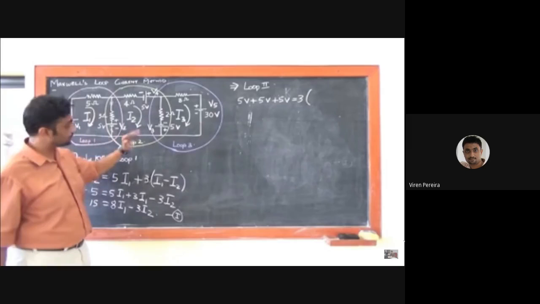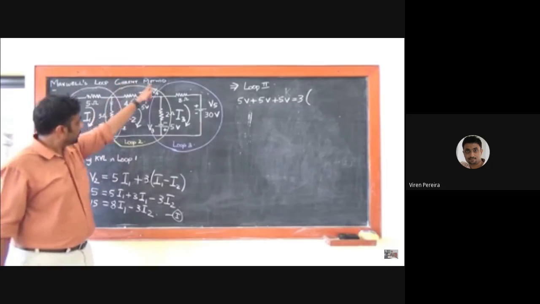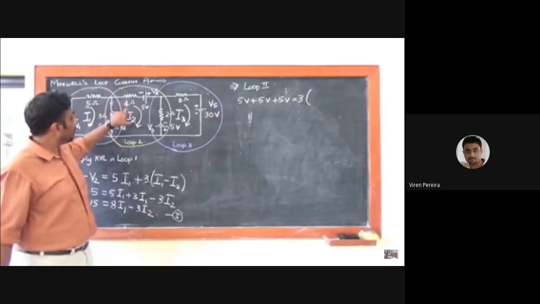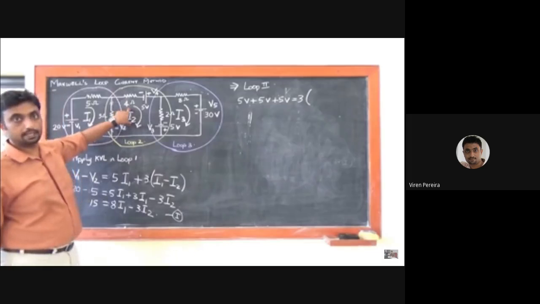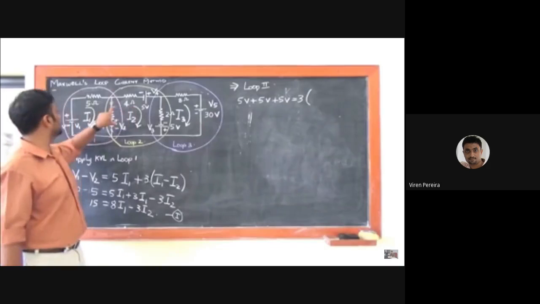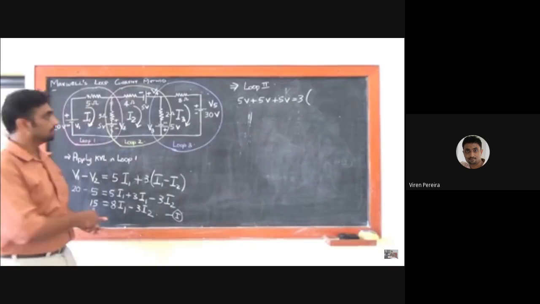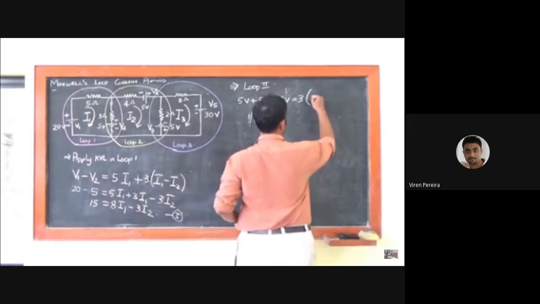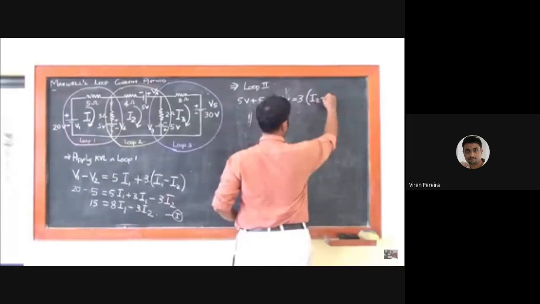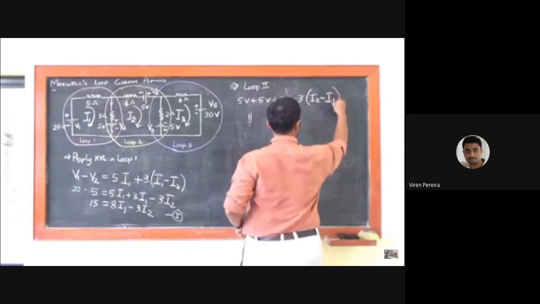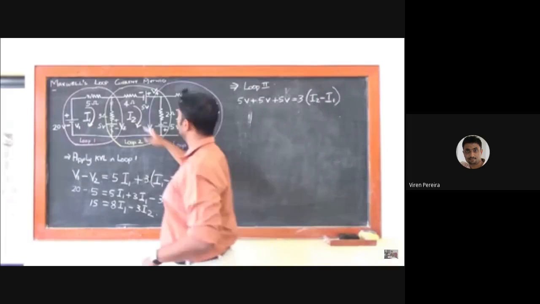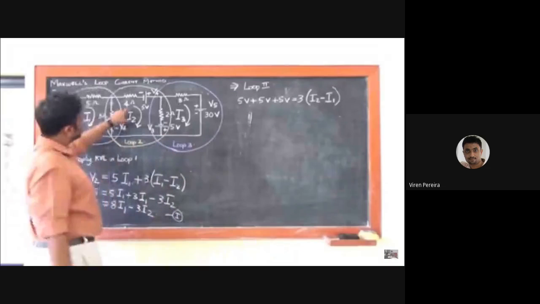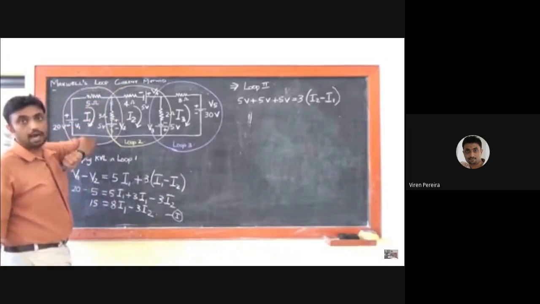The same logic follows for loop 2. So when you are considering loop 2, your I2 current gets first priority. So it will always be I2 minus I1. So I have I2 minus I1. What about this resistor? This resistor is only linked with I2.